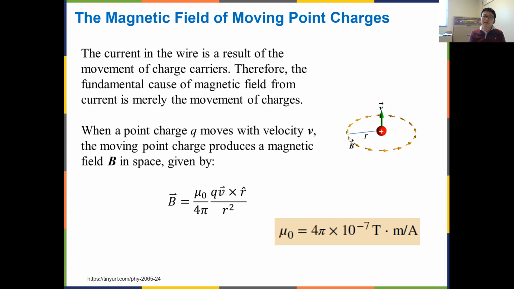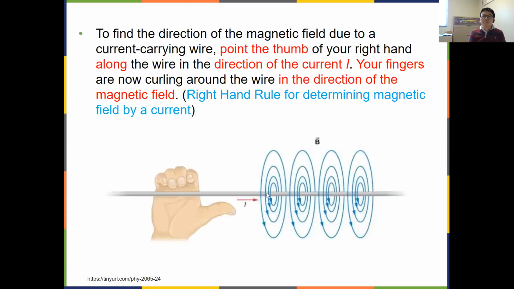In this case, the magnetic field is in this circular direction. At any point, it will be tangential to the circle, that curvature. For the direction of the magnetic field, we can use the right-hand rule, another version of it.